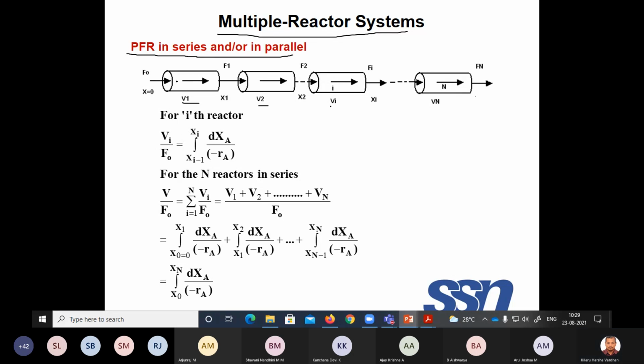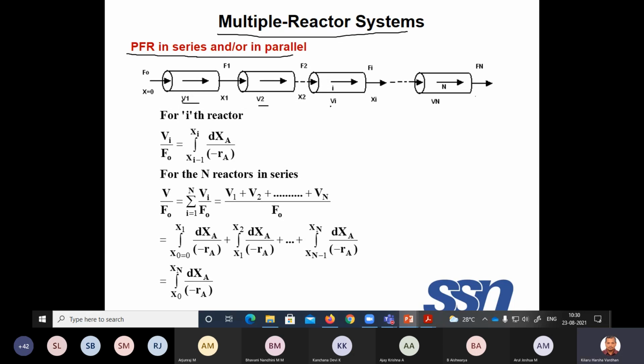Generally, it will be X0 to X1, so like that, for the ith reactor, X(i minus 1) to Xi, dXA by minus RA, correct? This is for all the reactors; you can put i as 0, 1, 2 till the nth reactor. Each reactor has its own volume. So for n reactors in series, what will happen?